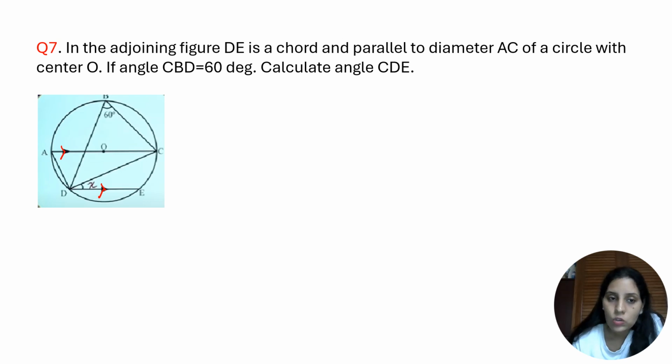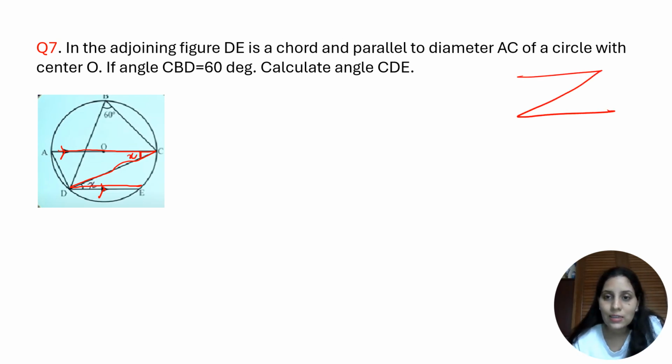Okay. So, alright. Now if you see, this angle and this angle will be equal, alternate angles. These two are parallel lines. This is a transversal. This will be equal to this. So this is x. Okay.